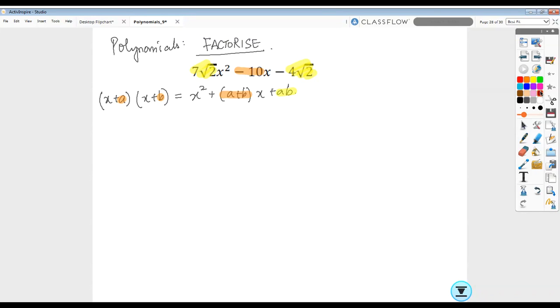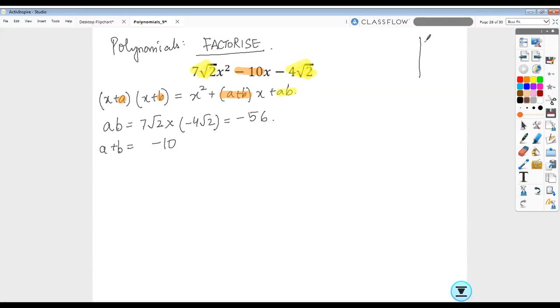So I am in search of two numbers and let's start working on them. I want two numbers a and b whose product is 7 root 2 into minus 4 root 2. When I work on this, 7 fours are 28, root 2 into root 2 is 2. 28 into 2 is 56, so this is negative 56. And I want this sum to be a negative 10.